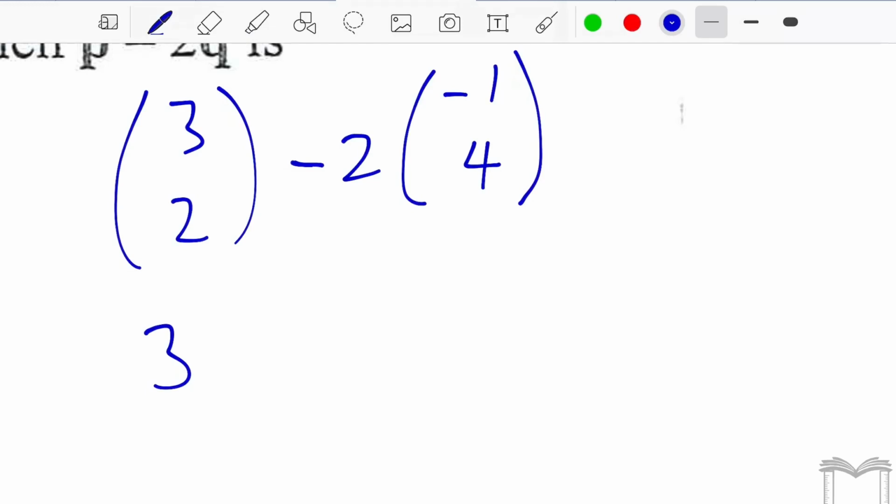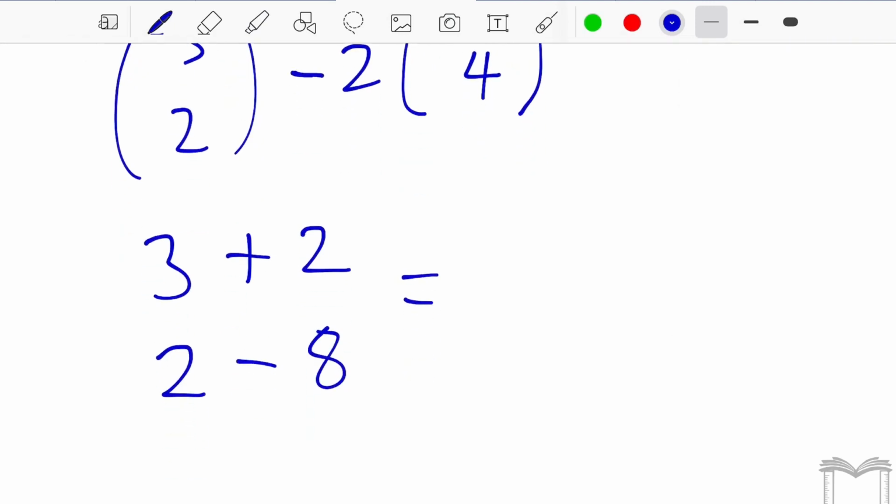3 minus 2 by minus 1 is plus 2, so that's 3 plus 2. And below we have 2 minus 2 by 4, minus 2 by 4 is minus 8, so that's 2 minus 8, and this is equal to 5 minus 6.